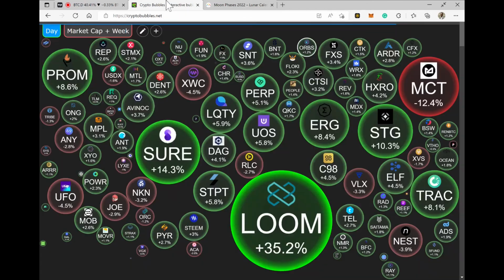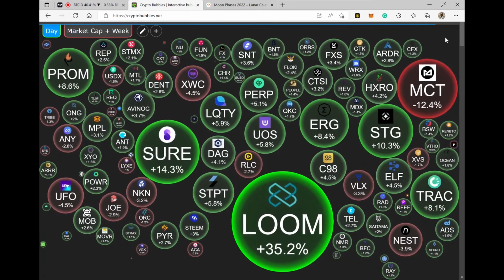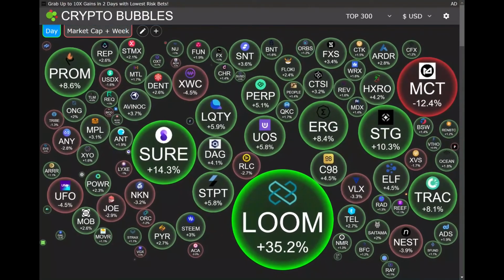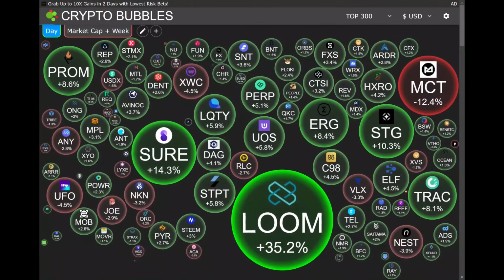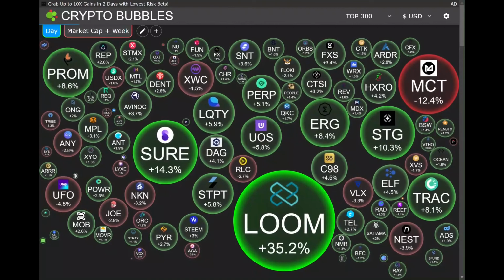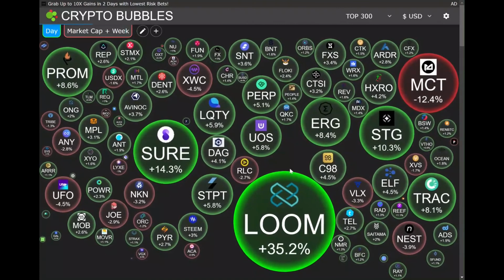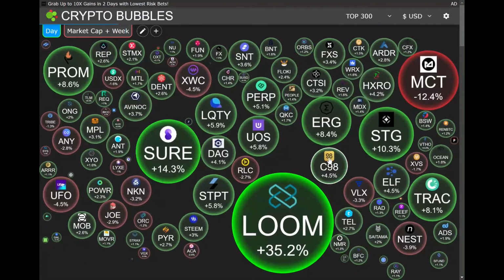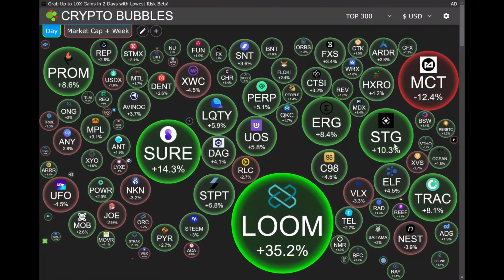All right, so back to our entire market outlook, you can see the top 300 coins, you have double-digit gains in a number of them, and it looks green, and it looks like you're going to get a lot more. So you already have a 30% mover, a 14% mover here, you have a 10% mover. You have very little red.